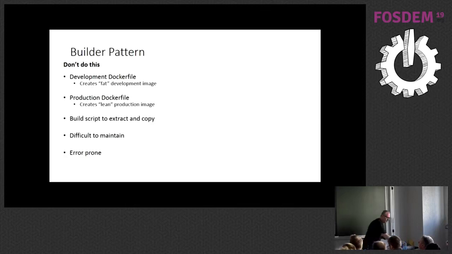And you have a build script that is going to run the first Dockerfile, build the software that you want, and then extract that out and copy it into the production Dockerfile. Now, there is no reason in principle why this shouldn't work. But experience has proven that it's actually quite difficult to maintain and it's error prone.